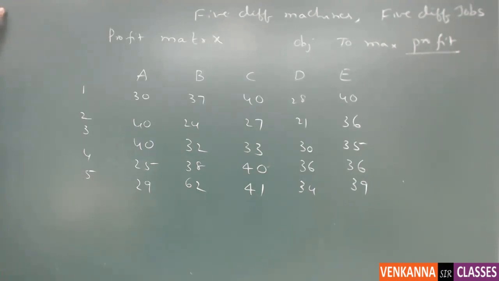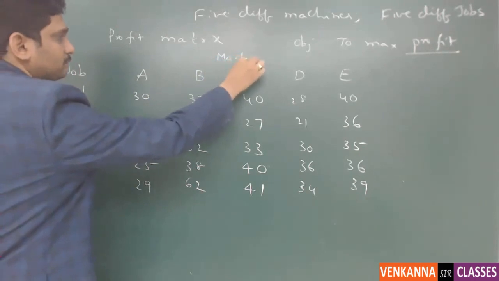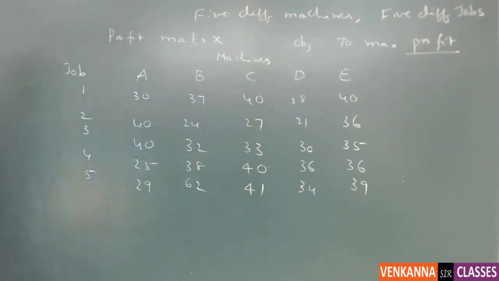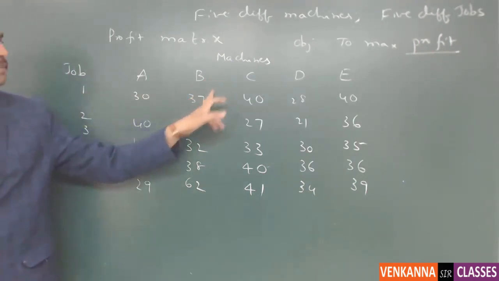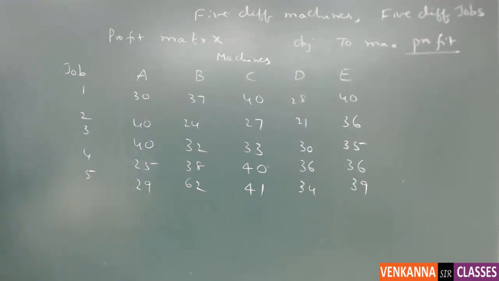So here in this problem, you can call them the jobs and the machines. If I perform job 1 on machine A, I will get 30 rupees as profit. If I perform job 1 on machine B, I will get 37 rupees as profit, like that. You need to understand like that.